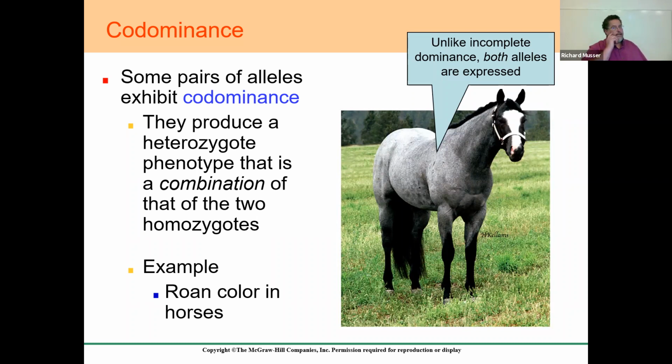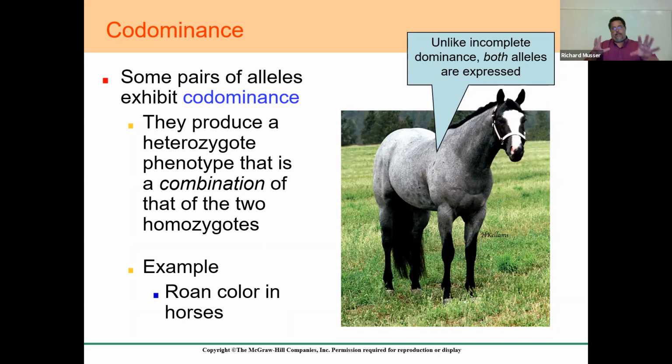It's a little different than incomplete dominance, where one trait is reduced in its effect, like the red flowers were not as brilliant red because of the white gene being present. But in the case of this roan horse, it kind of has a gray appearance, but it's actually due to black pigments and white pigments all being kind of interdispersed.